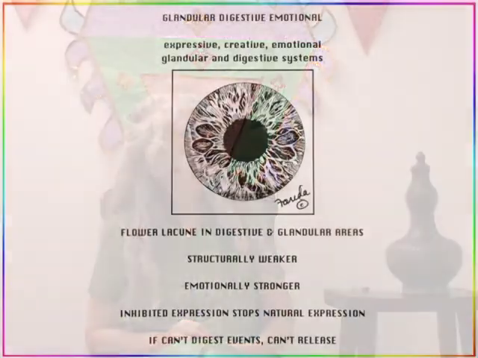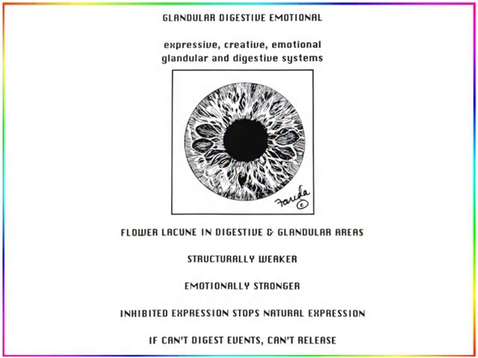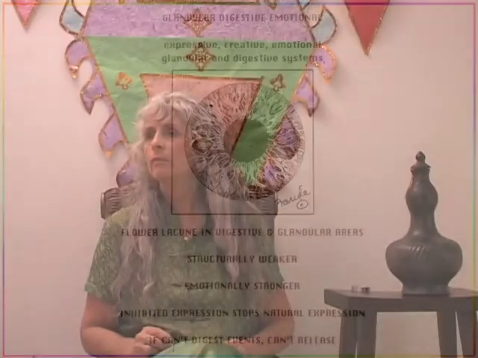Glandular, digestive, emotional. These are all my names, by the way. They're sort of evolving. When the lacunae open up in the iris and bring about this opening up into the emotional body. And Henry Johnson was really great in his contribution with Rayid in showing us that the emotional body is connected with the lacunae.